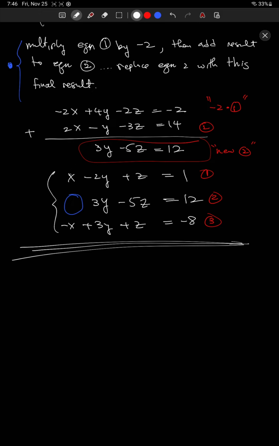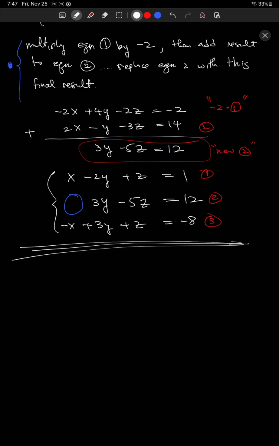I always multiply something to that one, and I always add it to the other equation. We want to keep it consistent. We don't want to sometimes multiply to the third equation and add it to the fifth equation, or sometimes multiply to the first equation and then subtract the fourth equation.